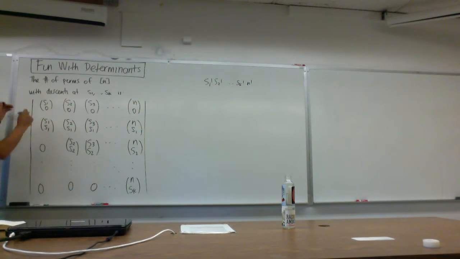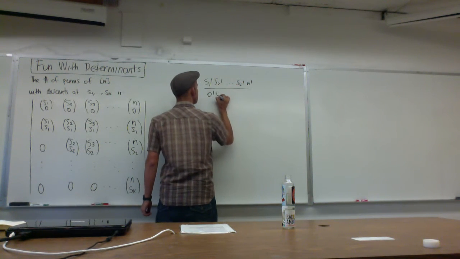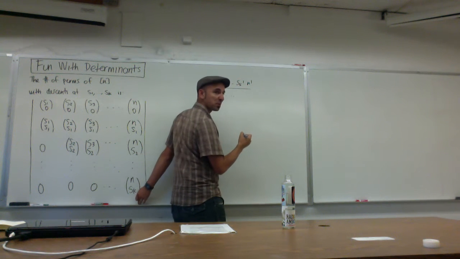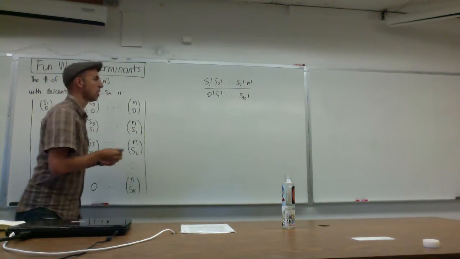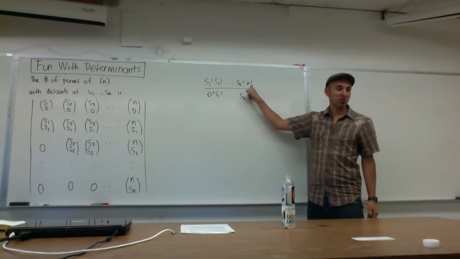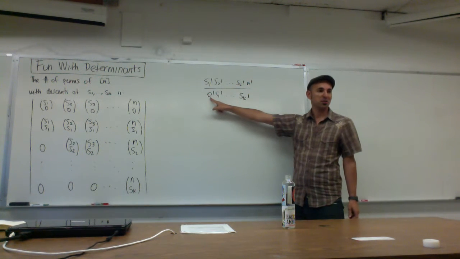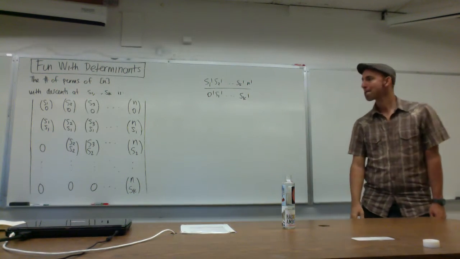I divided by 0 factorial, s1 factorial, s2 factorial, up to sk factorial, which is what I forgot to do, but I need to divide by sk factorial. Okay? And so you see what happens is that I borrowed this n factorial, which was outside, and you're right that there was something left over, but it was the 0 factorial, right? And that's why this computation works out.